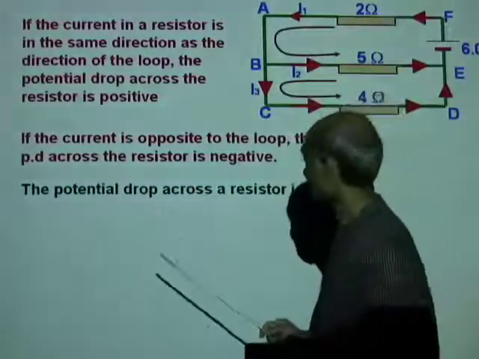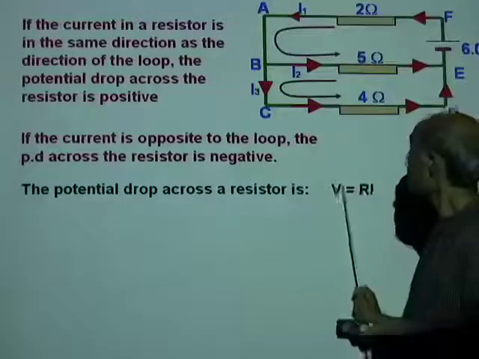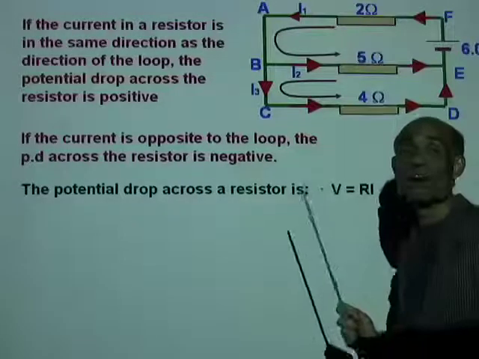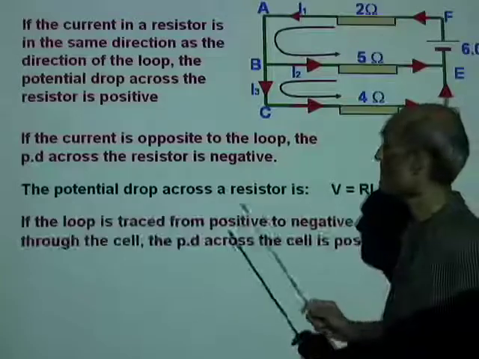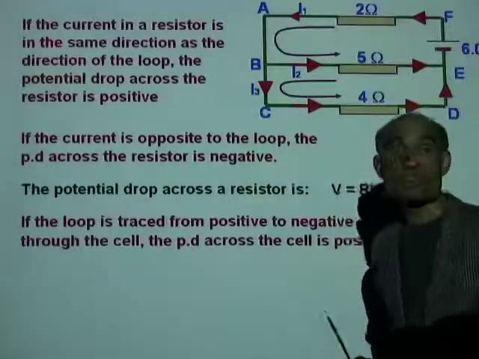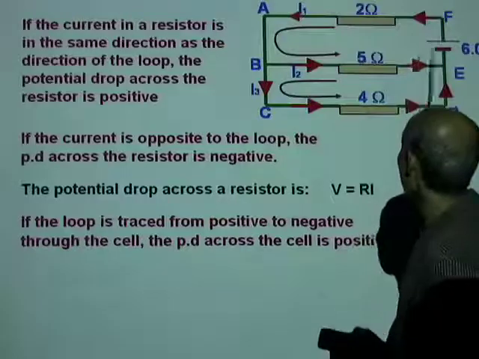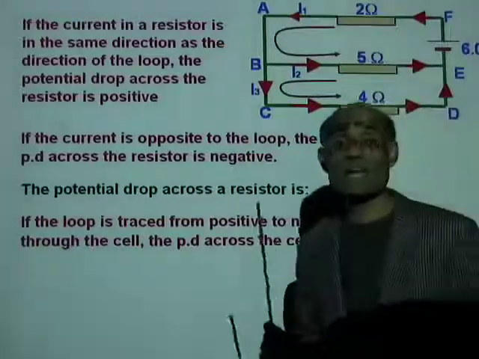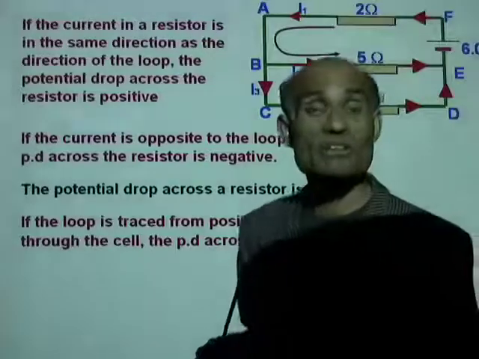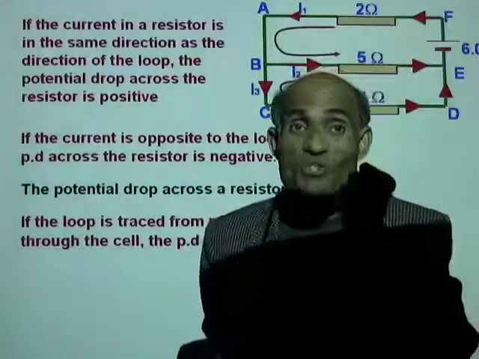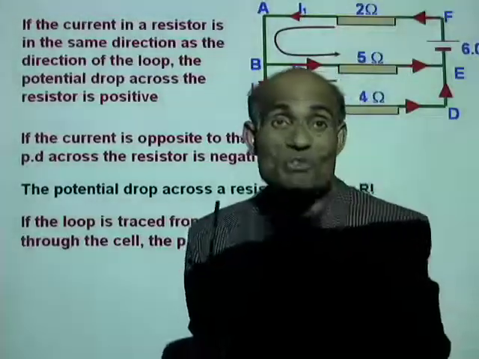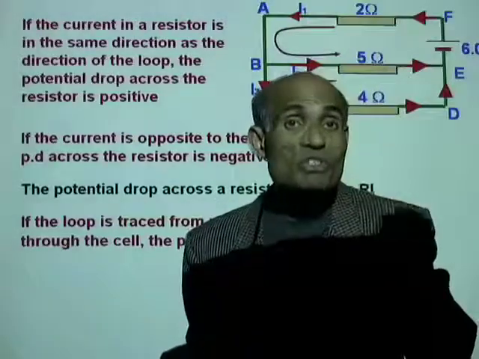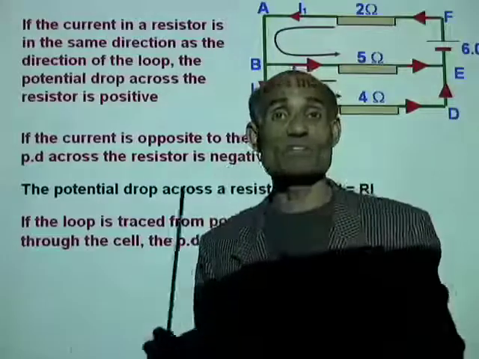Now, you know the potential drop across a resistor V equals Ri. How about the potential drop across a cell? How do you know if the potential drop across a cell is positive or negative? When you take the algebraic sum of the potential drop, it is very important for you to know whether a quantity is positive or negative.